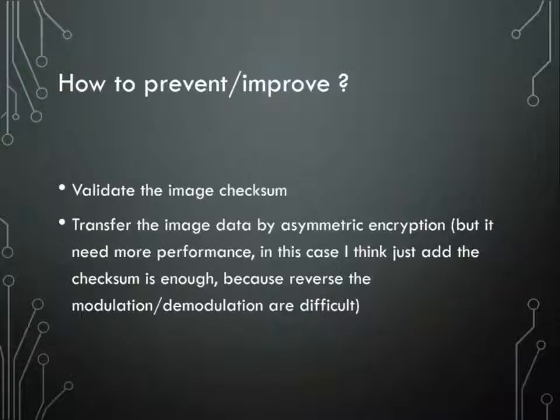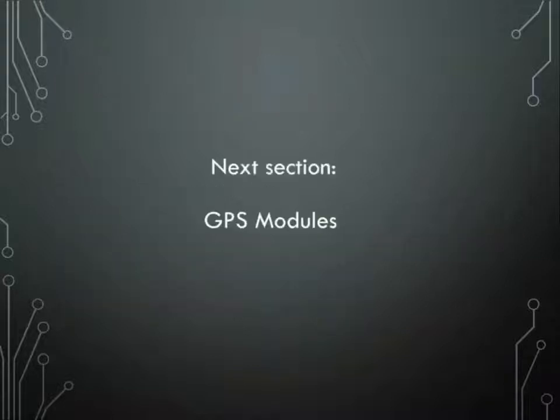Or you can transfer the image data by asymmetric encryption, but it needs more performance. Actually, I think just adding the checksum is enough, because reversing the modulation and demodulation is not easy.